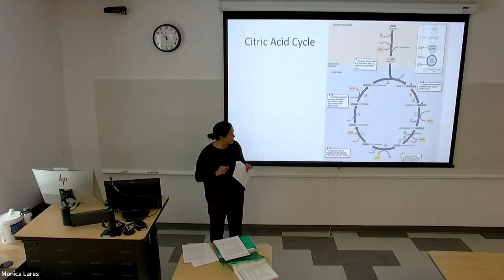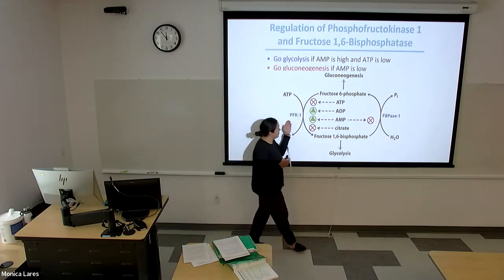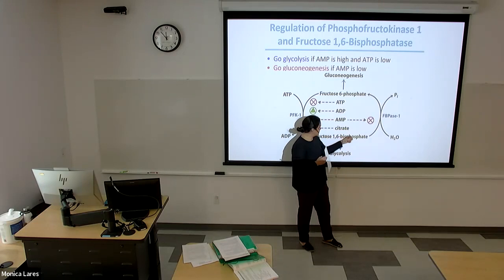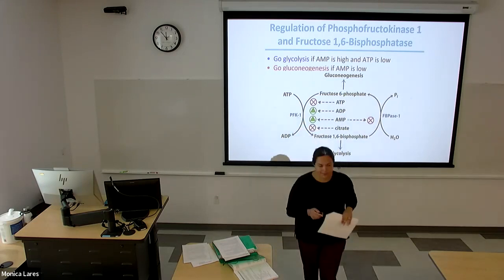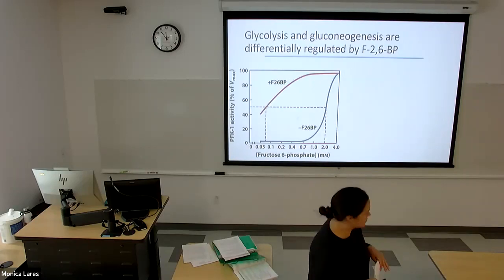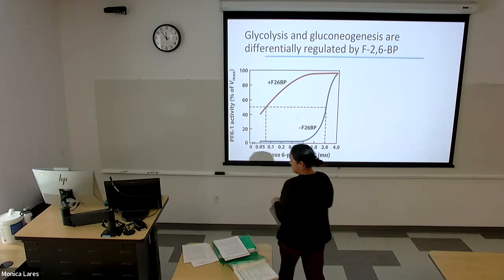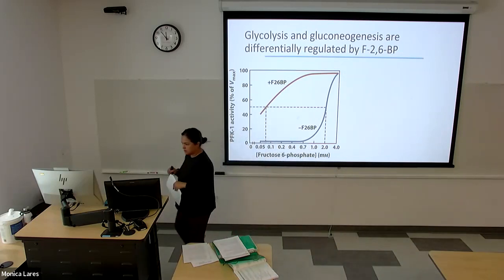And if you forgot what FBPase1 is, remember it's the opposing enzyme here. FBPase1 takes fructose 1,6-bisphosphate and makes fructose 6-phosphate.